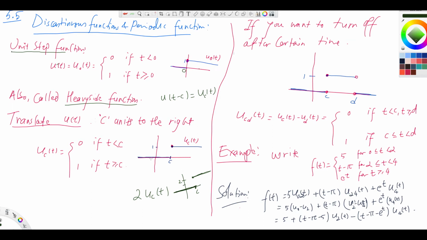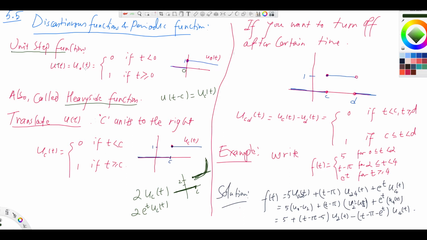But sometimes you may want to do this for other functions. For example, on the right side you may want to increase the force with time with an exponential function. What you can do is write 2e to the t times u_c(t). So you can multiply by some function to make it the way you want.